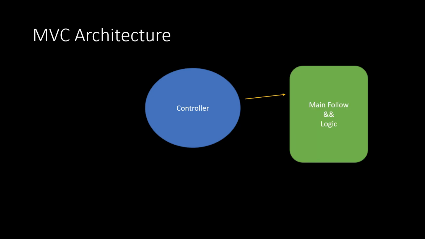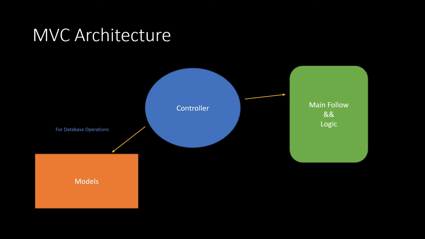So our programming flow will start from the controller, and whatever we want from database operations, for example, if we want to insert data into the database or to retrieve some data from the database, then for any database operations we can call the models from the controller, and the models return us a record that we want to show to the user.